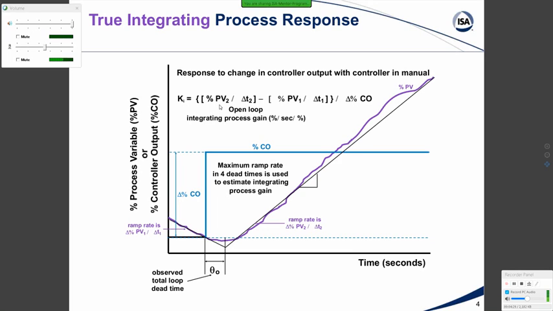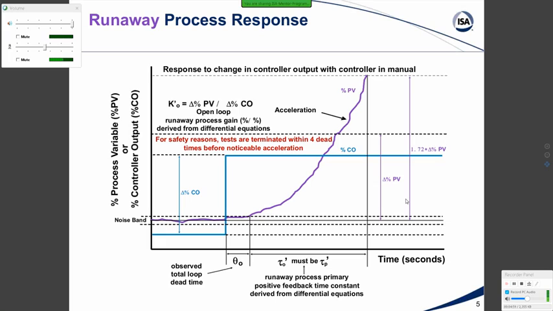So if we divide the change in ramp rates in percent per second by the percent change in controller output that caused this change in ramp rates, then we get an open loop integrating process gain in percent per second per percent. What we see in the literature is that they can't spot the percent, it's just 1/2 that they give for the integrating process gain. But I think it's good to know where it really comes from and how you end up with 1/2.